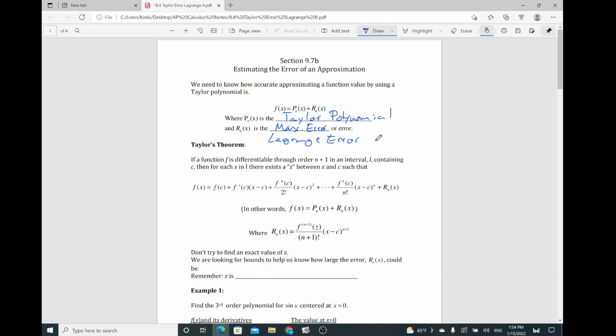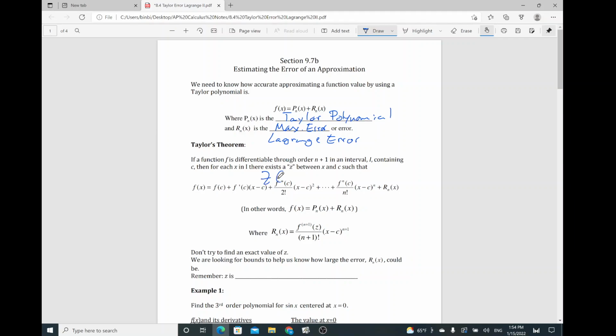If a function f is differentiable through order n plus 1 in an interval I containing c, then for each x in I there exists a value z between x and c.